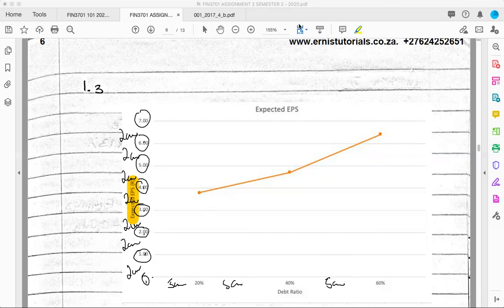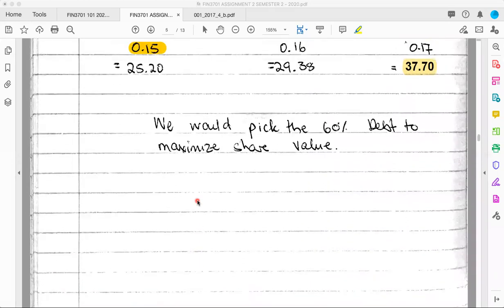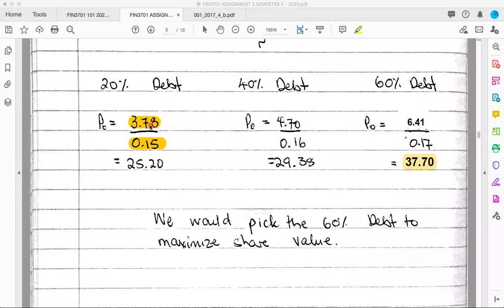And then we want to draw the graph based on our expected earnings per share. The first expected earnings per share was 3.78 with a 20% debt ratio, right?